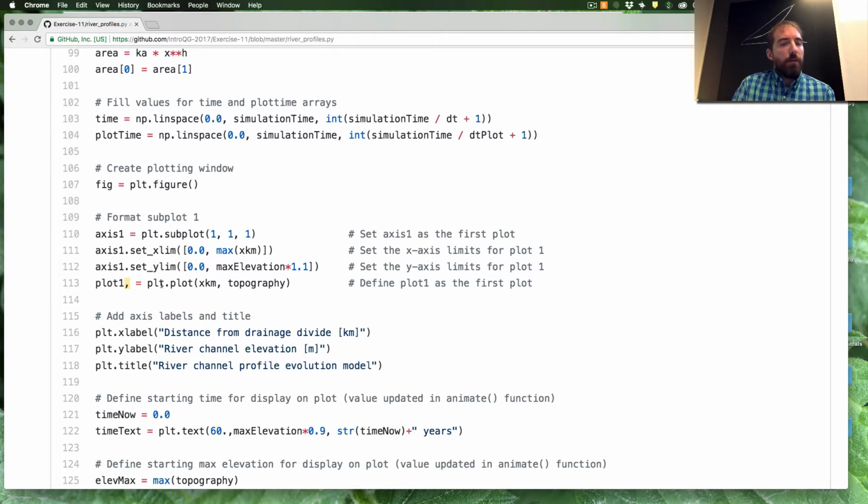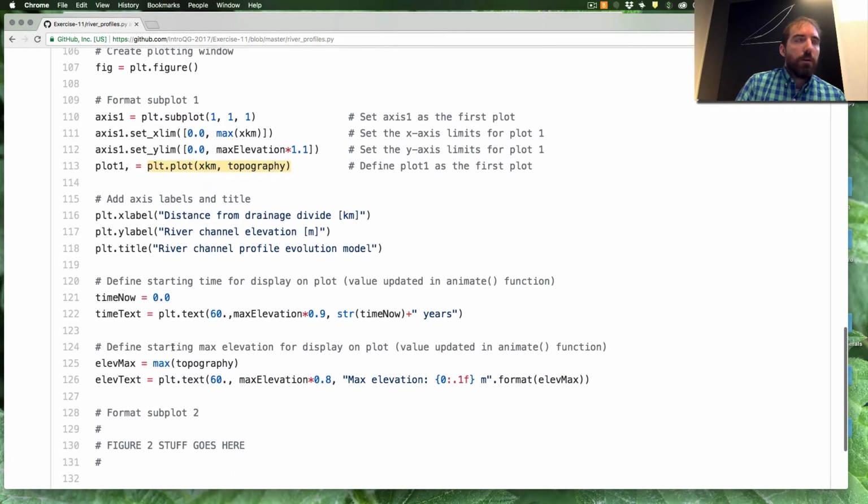But by assigning this plt.plot to a variable called plot1, I can then later refer to plot1 to change things about that plot. Like if I want to update what data is displayed there, I can do that using this plot1 variable. Whereas before, I'd have plt.plot, the plot would appear, but I couldn't do anything to it after that point. It's just there. And the key to having the animation work is I need to be able to refer back to that plot that I made earlier and change what's plotted.